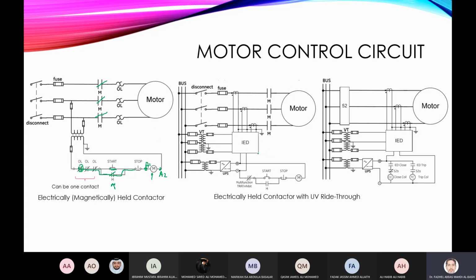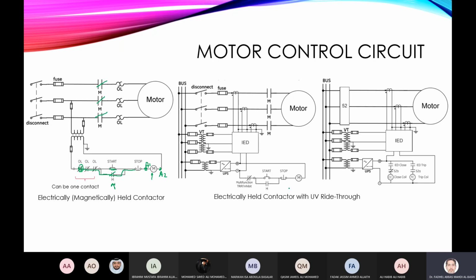Now, if we use relays, the problem with these contactors is that when the voltage dips below, let's say, 70%, or sometimes it depends on the contactor, the contactor will de-energize and open.